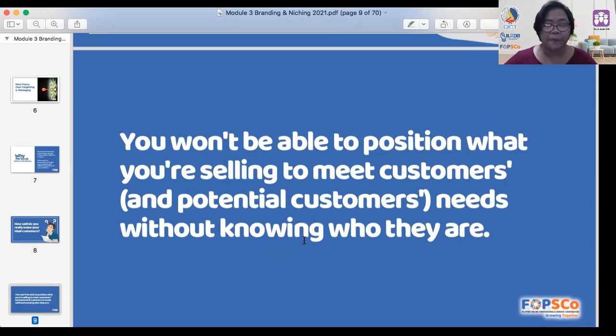Even in the simplest face-to-face or physical stores, right? In a sari-sari store, you have to know who is buying here, and what kind of things they buy, right? It has something to do with that. Only this one is online. So it's a different platform, situation, and environment. But basically, it's the same basic thing: getting to know your customer.